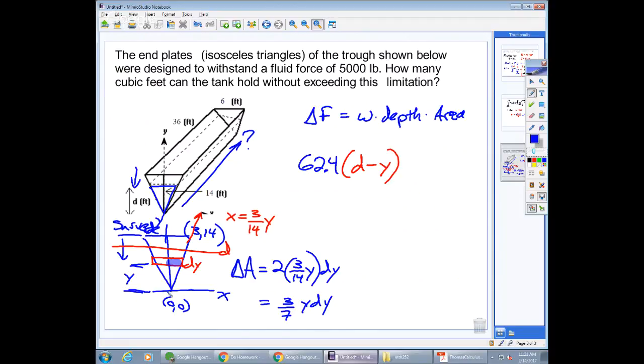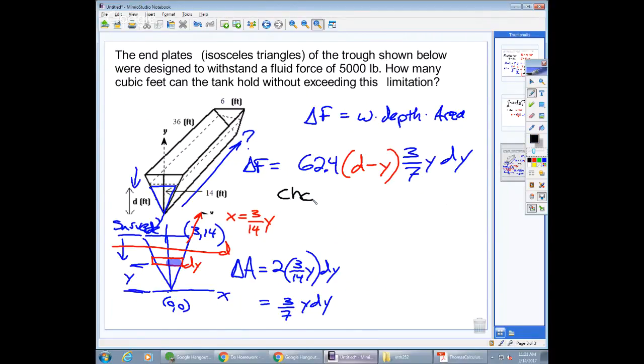Okay, so what else needs to go in here? We have our 3/7 times Y dy. And it's always a good idea to double check the units to see if things are working out. So what are we trying to calculate here? A force, right? So ultimately, this is some change in force. What's the 62.4 measured in?